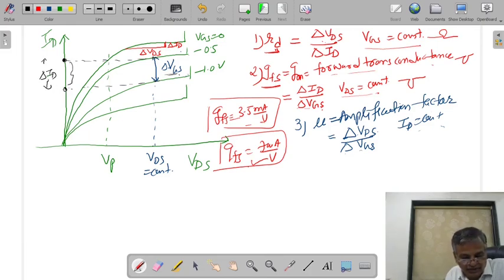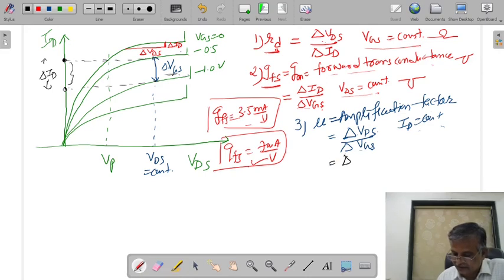So the ratio of delta ID upon delta VGS gives you the forward transconductance. So from the experiment, you will take this graph. From this graph, you can find ID, and you find the GFS. Let us see how to find this.